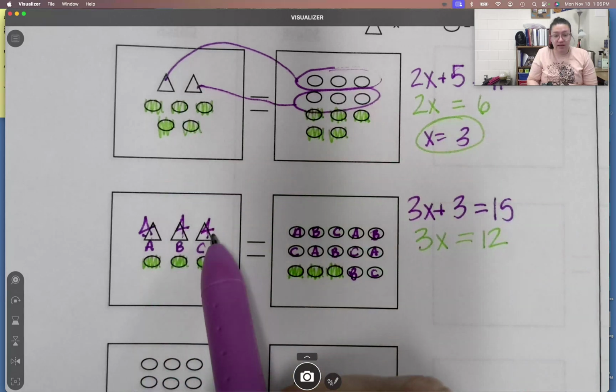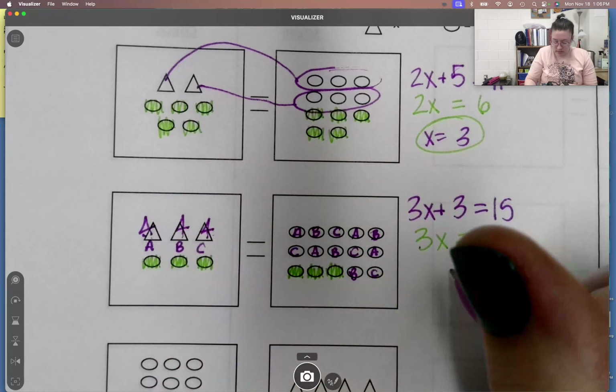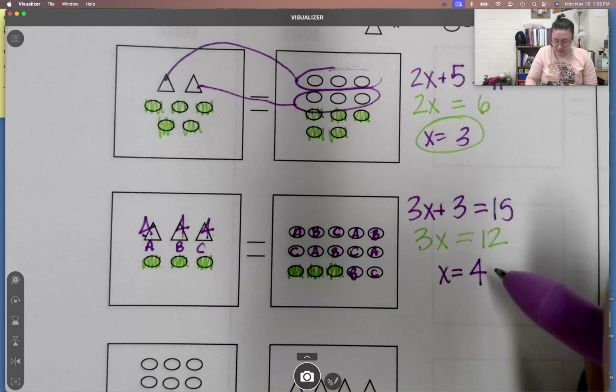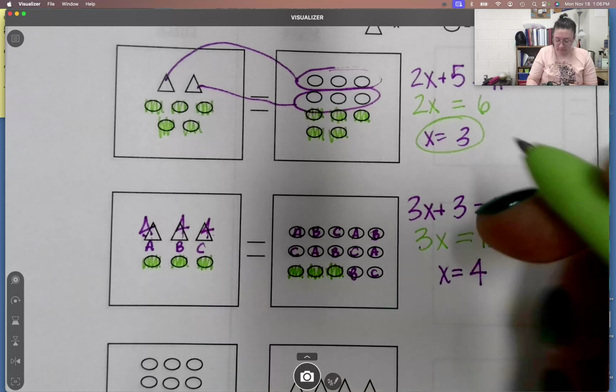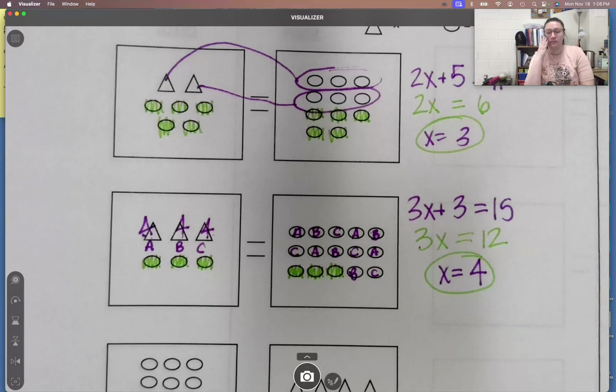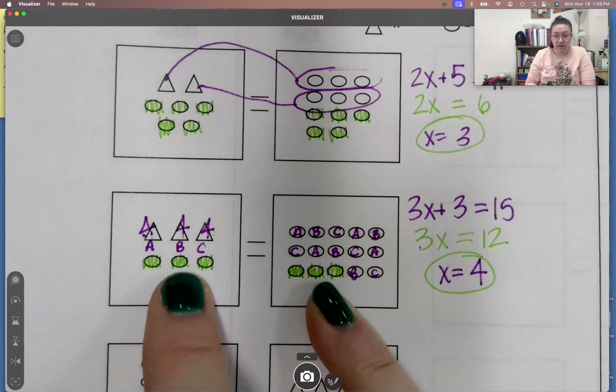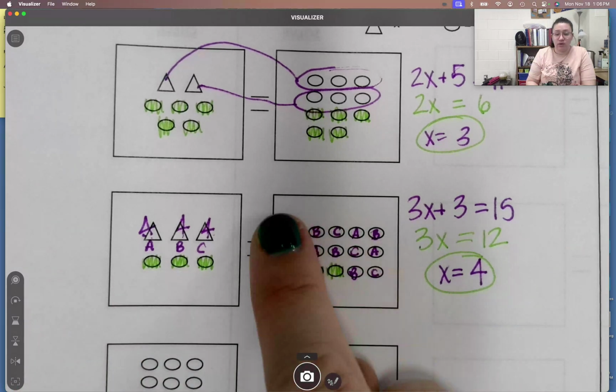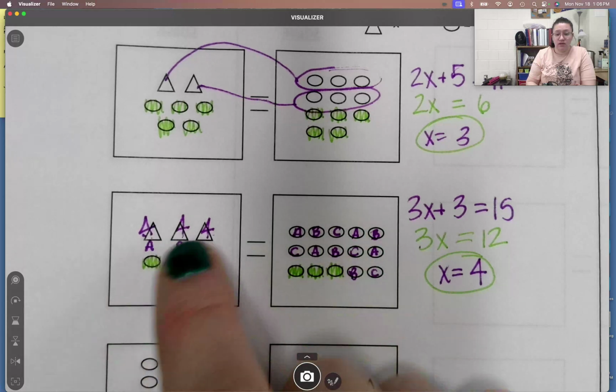So each one of my X's would have how many go to it? Each X would have 4 pieces go to it. And there's my answer. So first, we need to get rid of the constants. Then divide out your pieces to your variables.